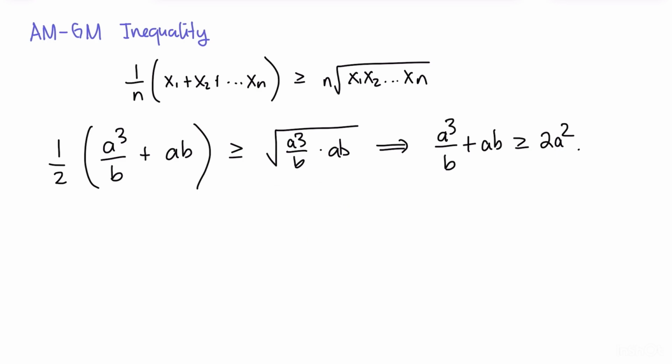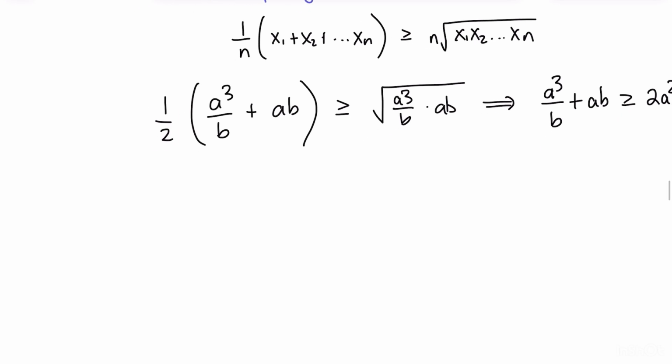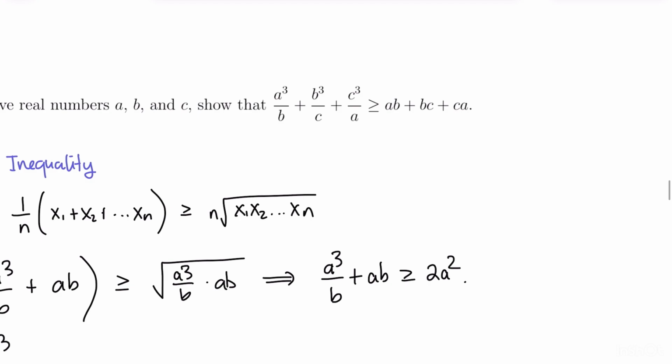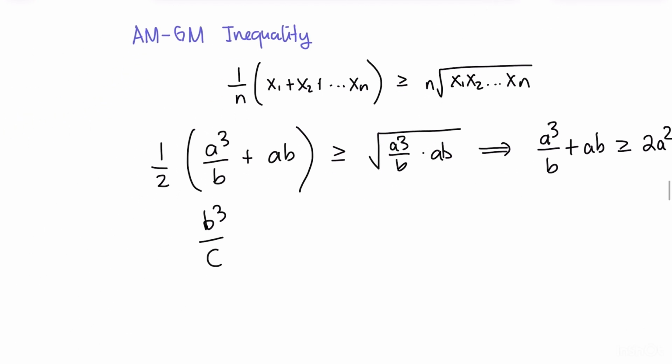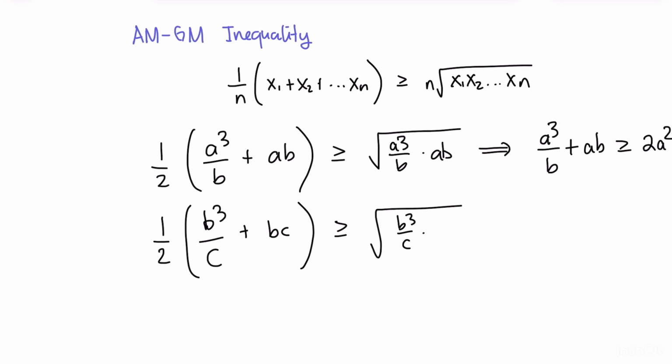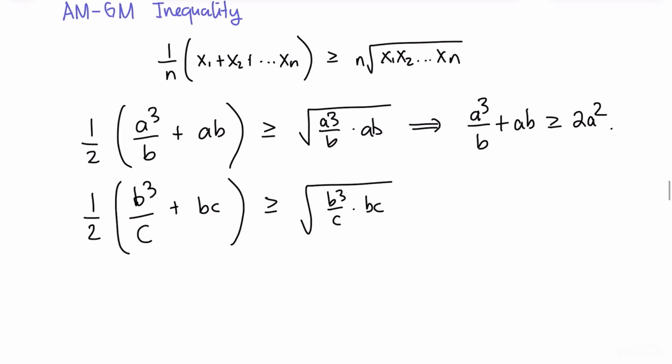So I'm going to do the same thing with the second term, b cubed over c, which is here. I'm going to take the arithmetic mean with bc and its geometric mean. And this further simplifies to b cubed over c plus bc, which is greater than or equal to 2b squared.